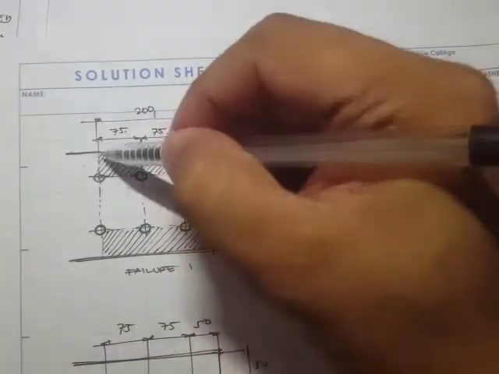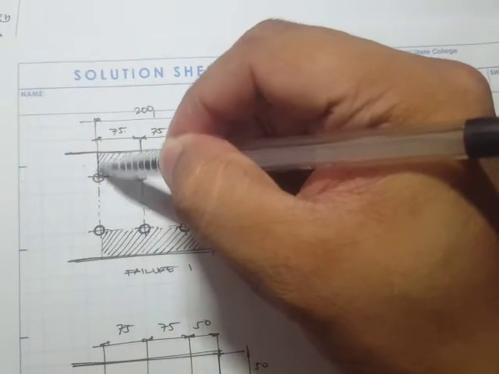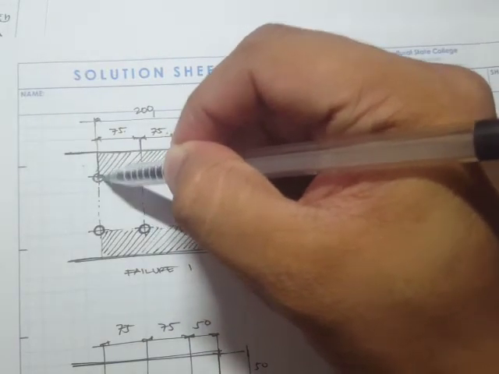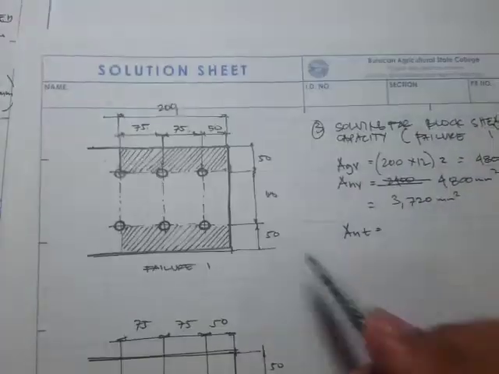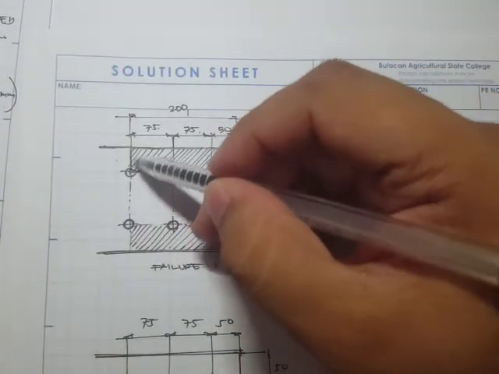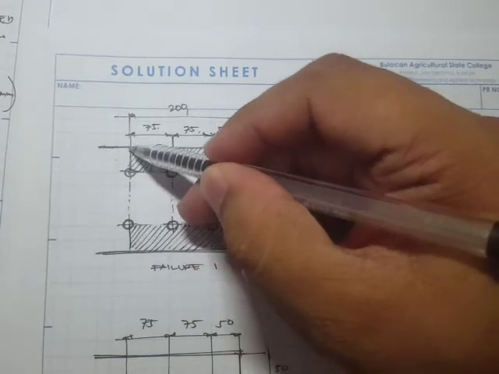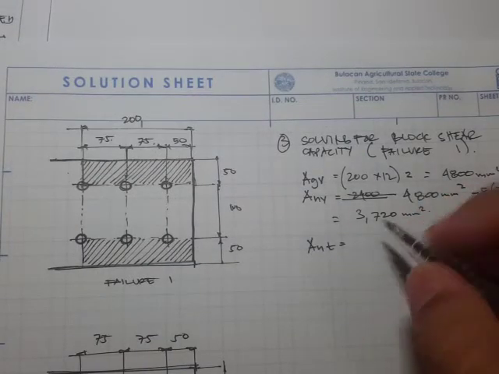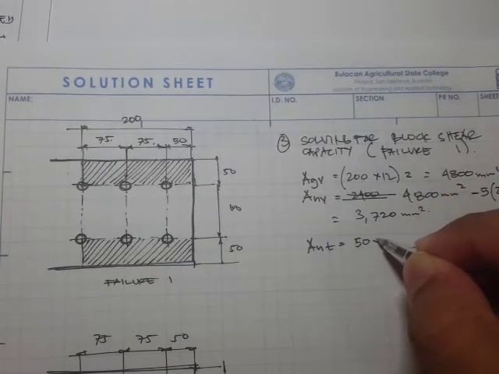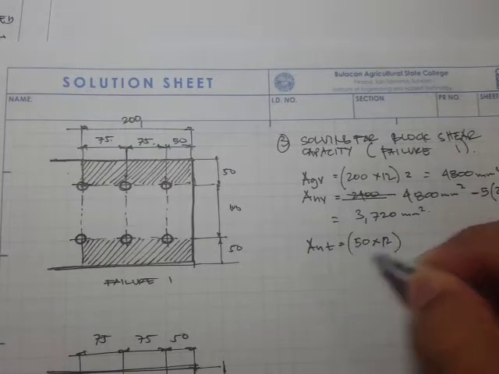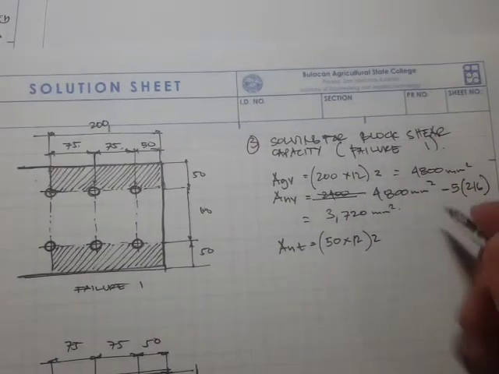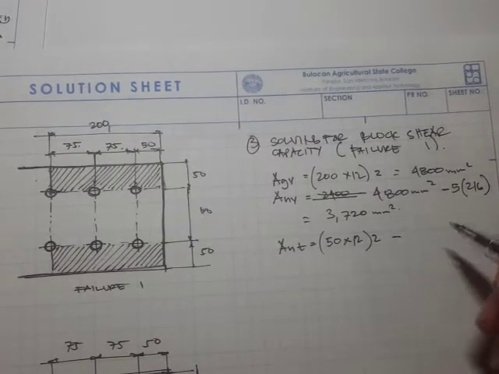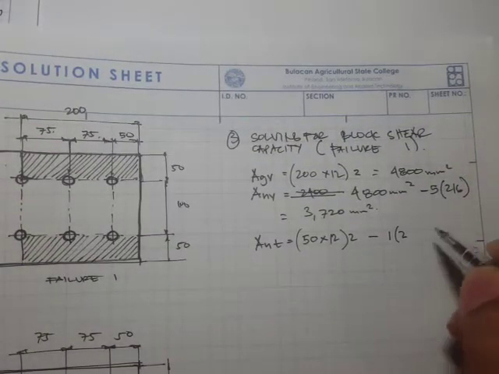And then lastly, we have to solve for the area in the net tension. Now the net tension is this one. If it's a net tension, then we have to subtract the bolt holes. First, let's solve for the gross area of the tension. That's going to be 50 times the thickness, 12, times 2, minus the number of bolts, 1/2 plus 1/2, so that's just 1 times the area of the bolt.